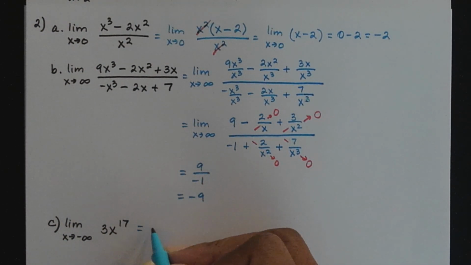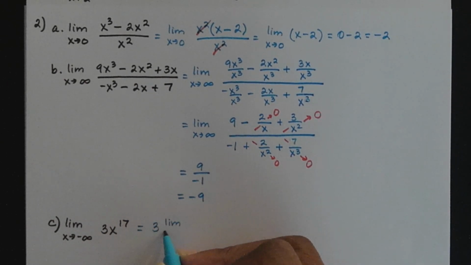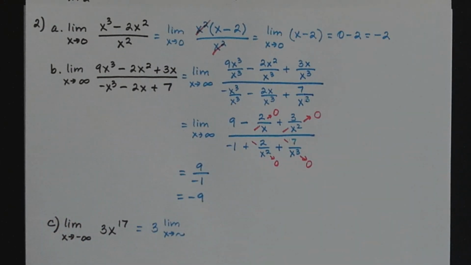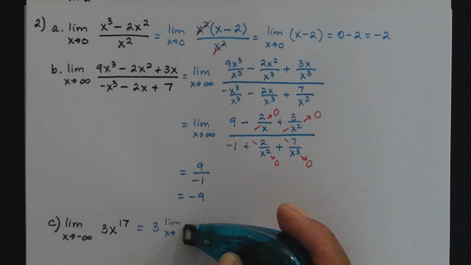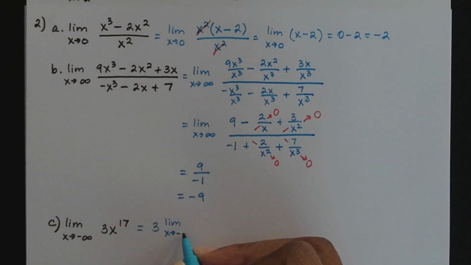All right, when I take that limit, I can pull the 3 out in front, so it'll be 3 times the limit as x approaches negative infinity of x to the 17th power.